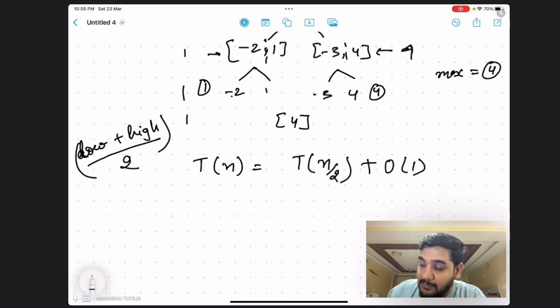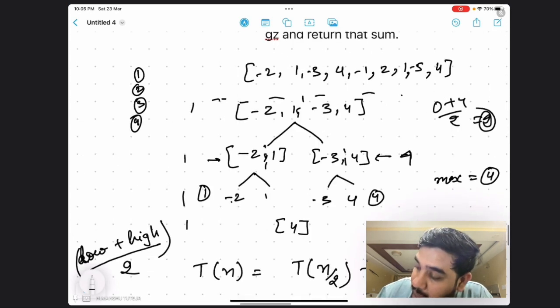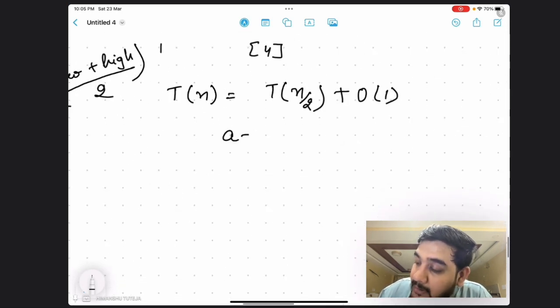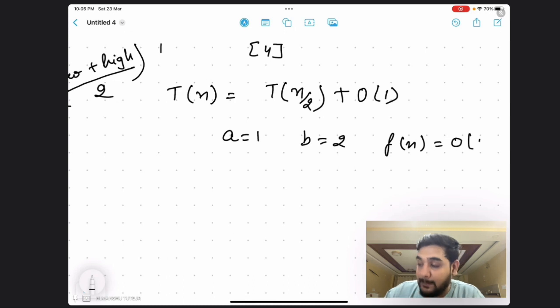Going back to our classic set of formula, for this algorithm A will become 1, B will become 2, and f of n will become O of 1. So n to the power 0, so C will be 0.